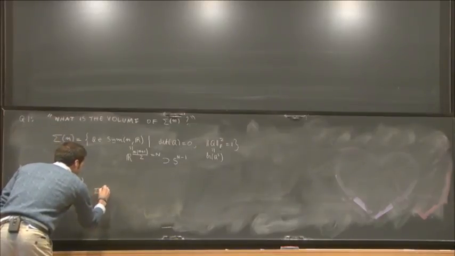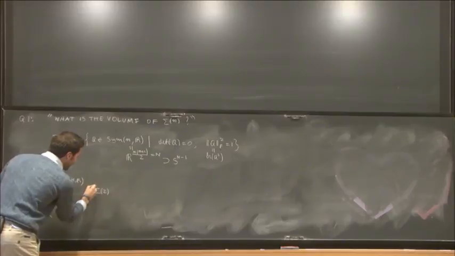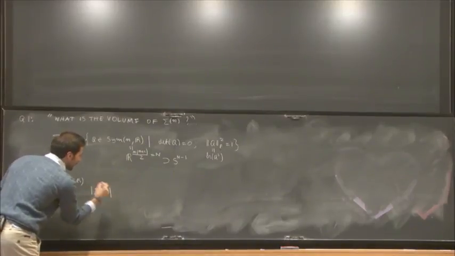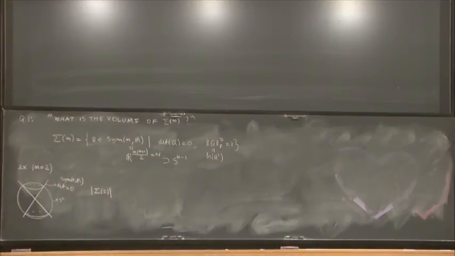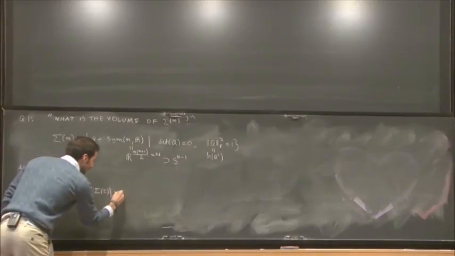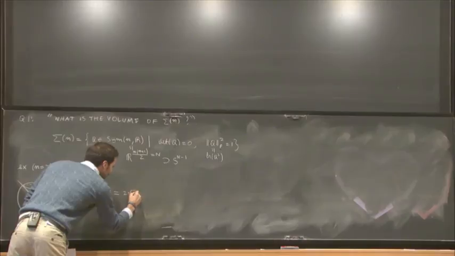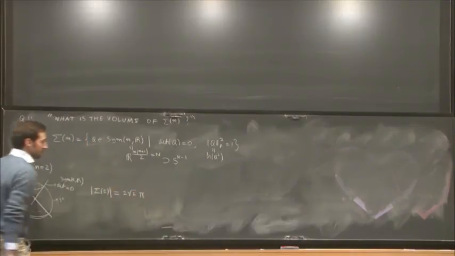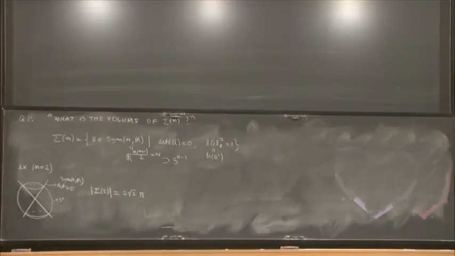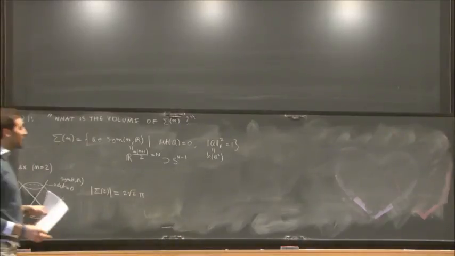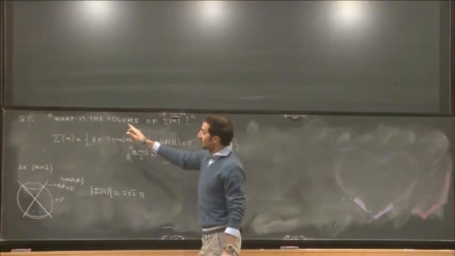The volume of sigma 2, and I'm going to denote it with just the modulus to avoid cumbersome notation, is 2 square root of 2 times pi.